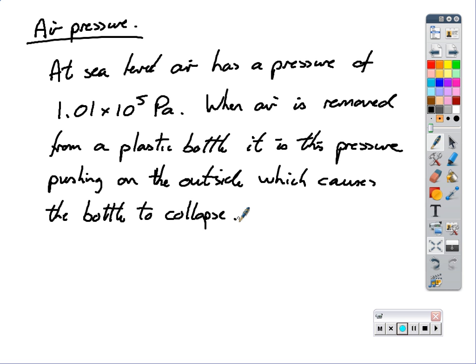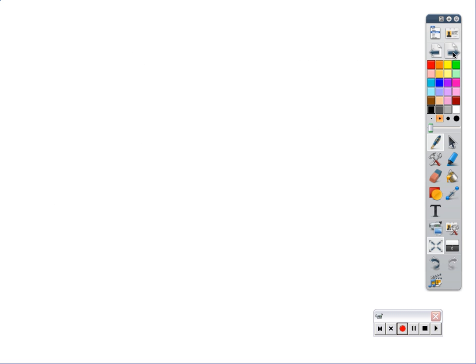So if you want a force to be applied, you have to make sure there's a pressure difference. That difference in pressure would cause your force. So air pressure is one thing, but then we have pressure difference, which causes things to happen.